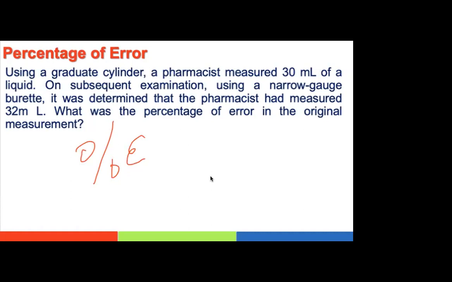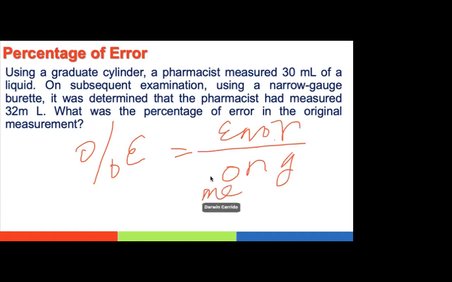Because it is expressed in percent, you multiply this by 100. Again, error divided by the original measurement times 100. Now, what is the error? You simply get the difference of the original and the real measurement.